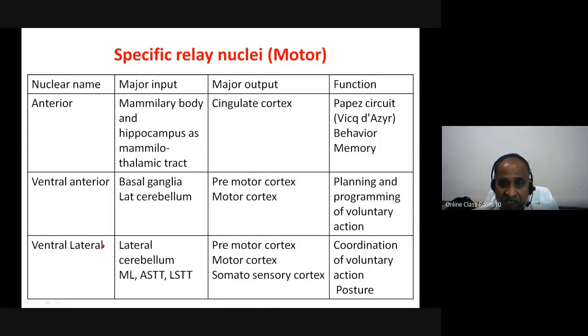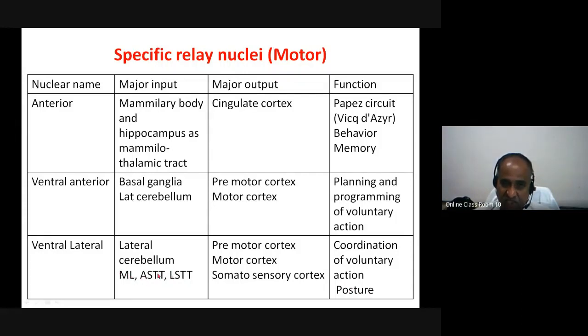Ventral lateral is concerned with the lateral cerebellum, and along with that, it is also connected with the medial lemniscal, then the anterior spinothalamic tract and the lateral spinothalamic tract. These are subconscious or conscious sensations. They are coming up to orient the posture.